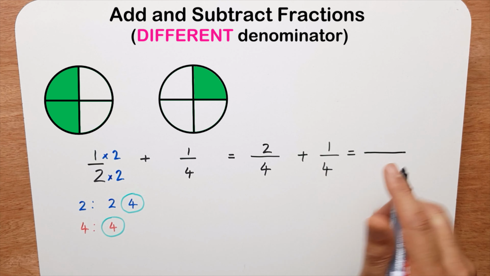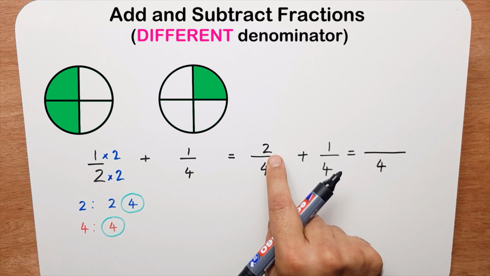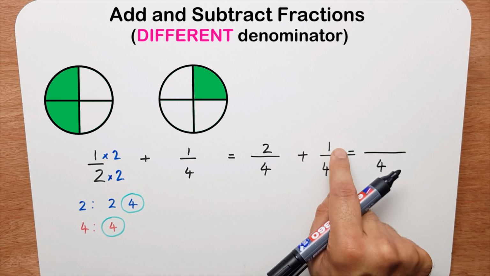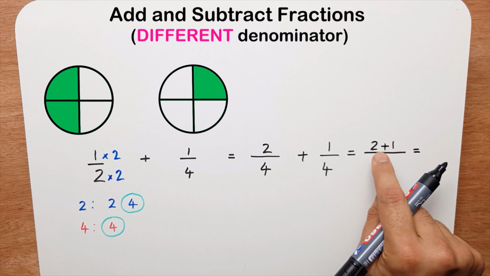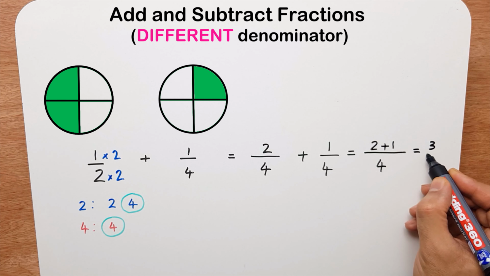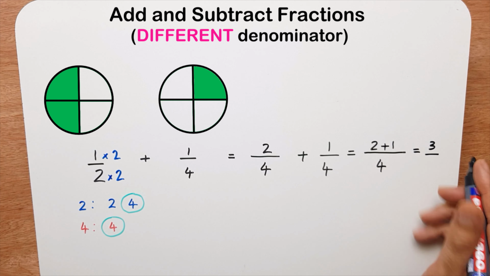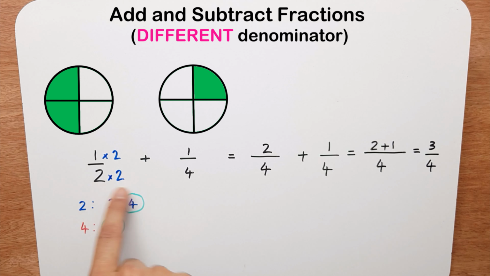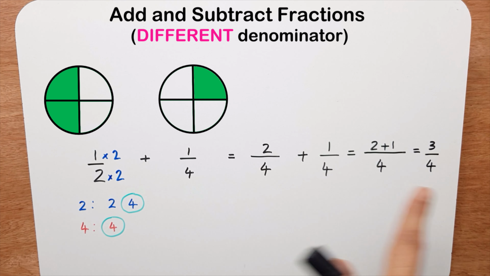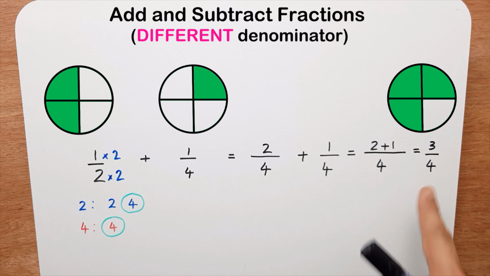The 4s are the same, so I'll put a 4 here. 2 plus 1 is 3. Fraction line, and this 4 goes at the bottom here. So I can say 1/2 plus 1/4 equals 3/4.